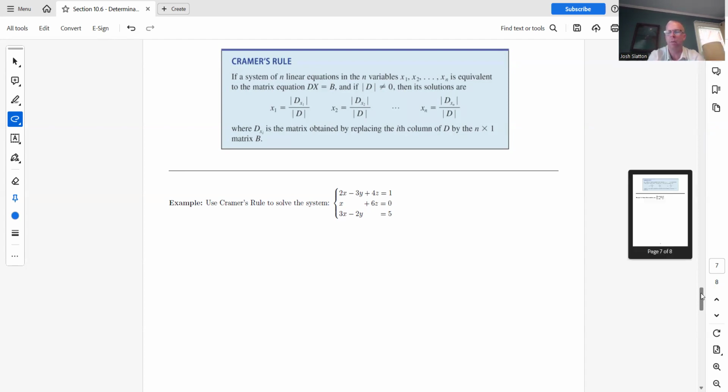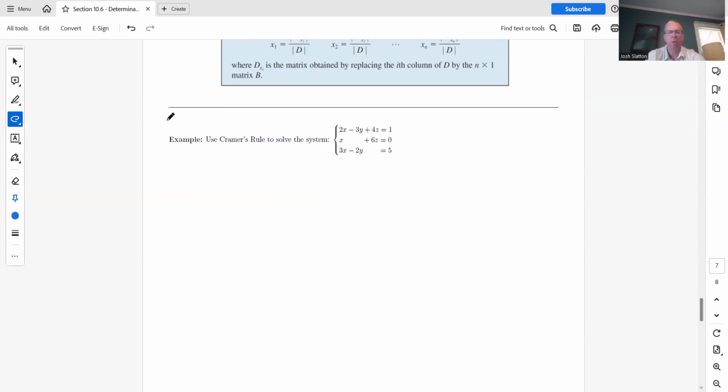So let's look at this 3 by 3. The x would equal, and we'll set this up in the same way. The bottom is just the coefficient matrix again: 2, -3, 4, 1, 0, 6, 3, -2, 0.